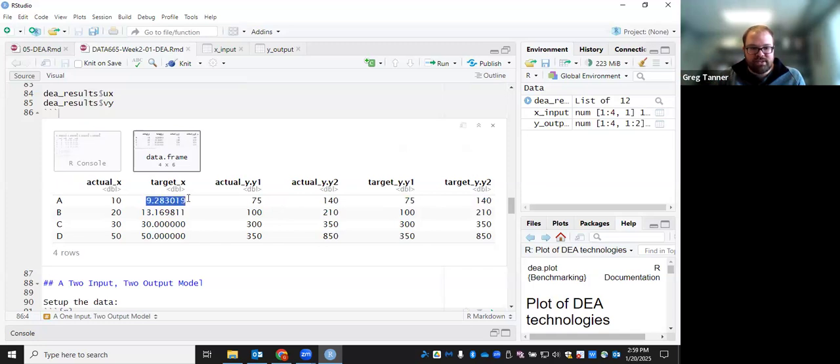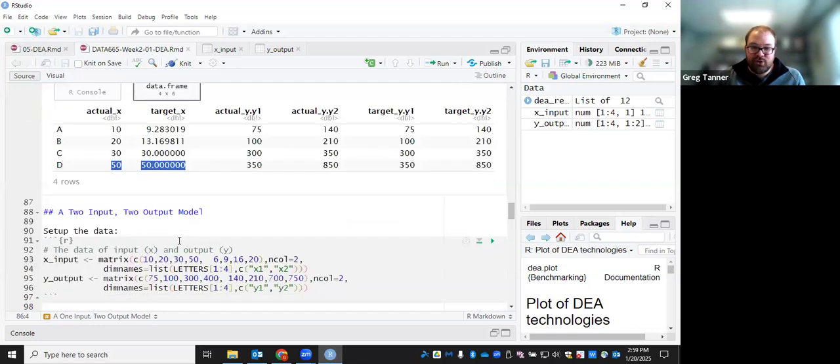And the inputs for the target should always be less. And so in this case, DMU A can see a slight reduction in its one input. DMU B can see a rather large reduction in its input. DMU C and D are 100% efficient, so there is no reduction in their input. Okay, so that's a one input, two output model.